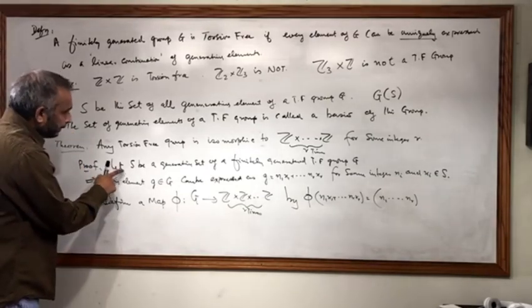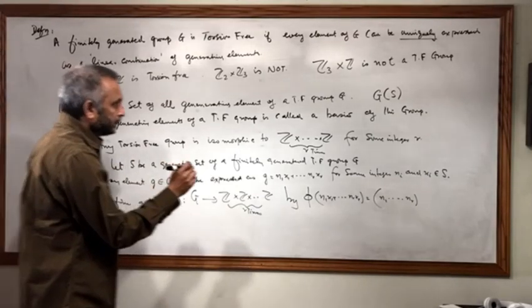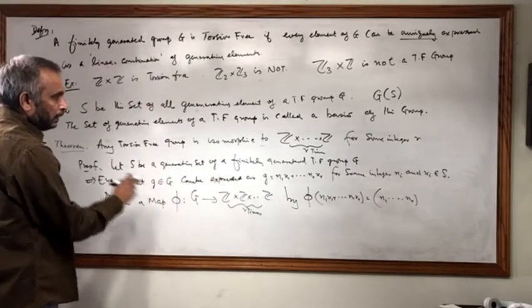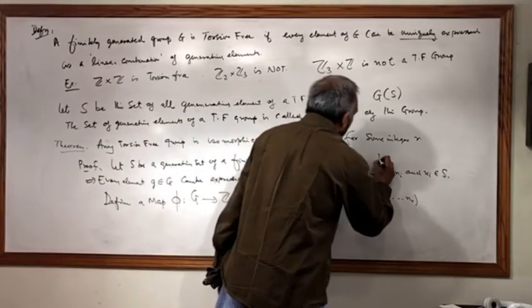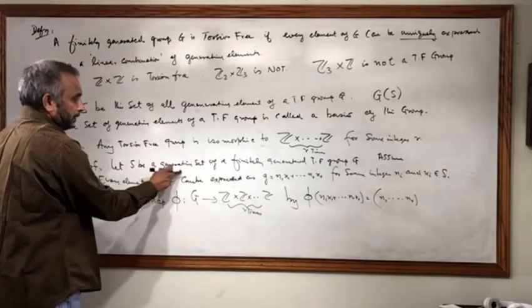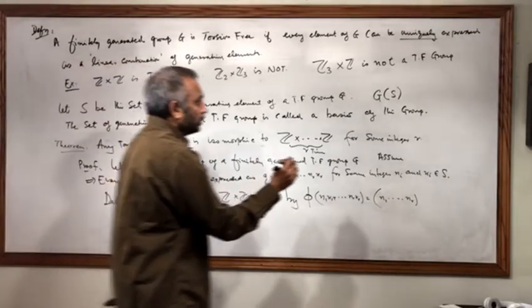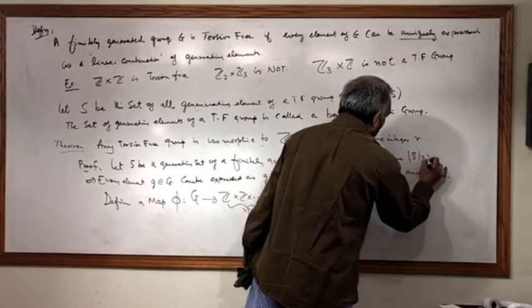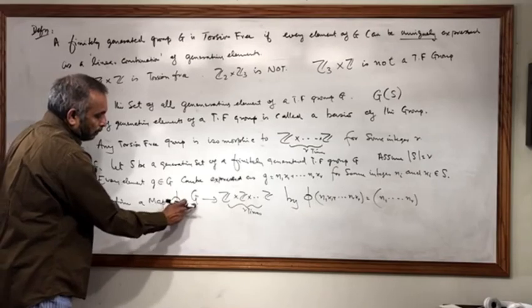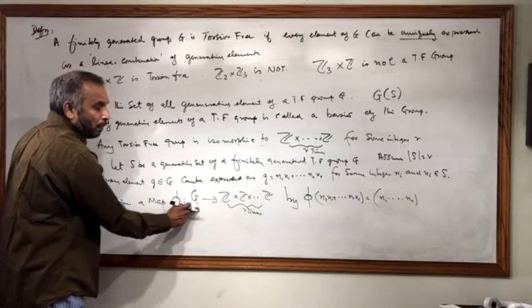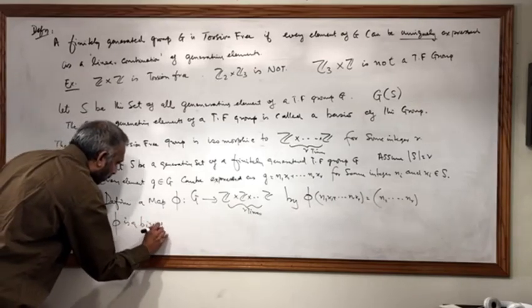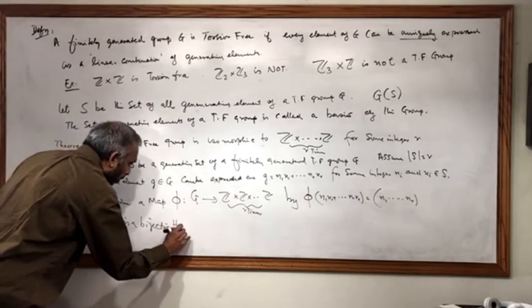We are assuming that S contains R elements. Okay? Let us assume it's finitely generated, so S is a finite set, so I'm going to assume that the cardinality of S is equal to R. So phi is a bijective homomorphism.